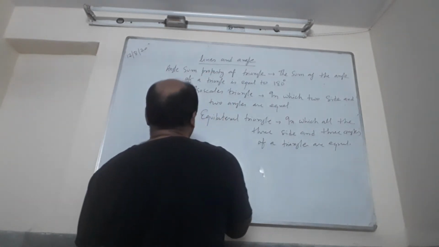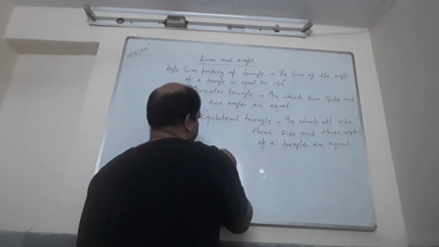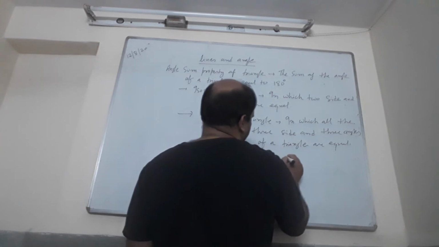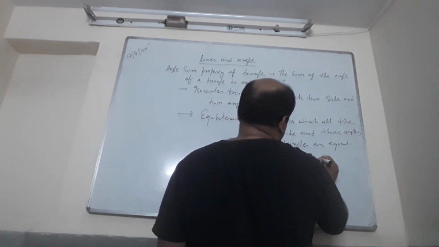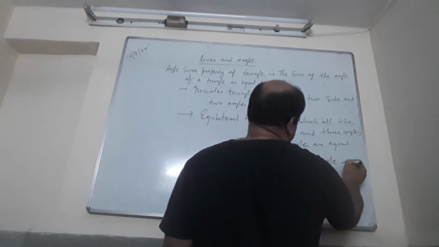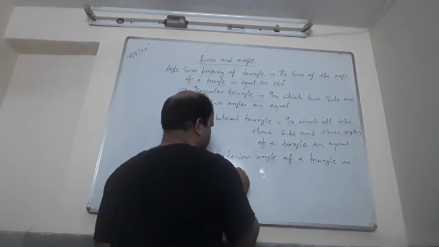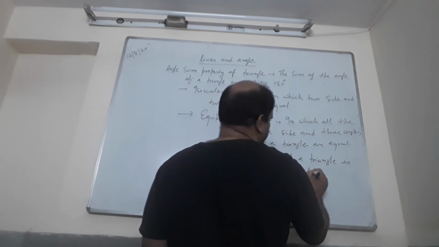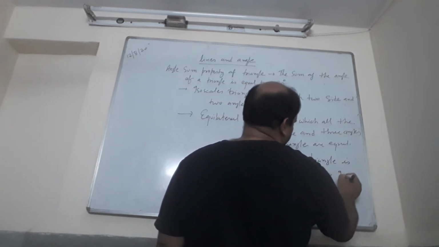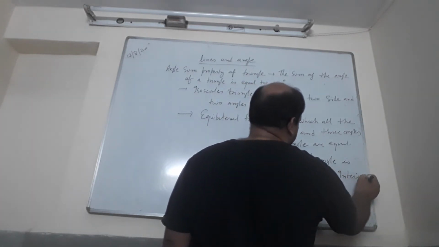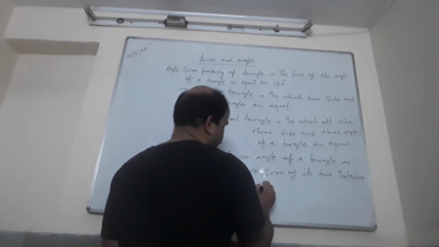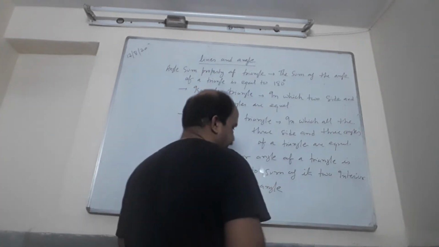Then one more property of triangle. Exterior angle of a triangle is equal to the sum of its two interior opposite angles.